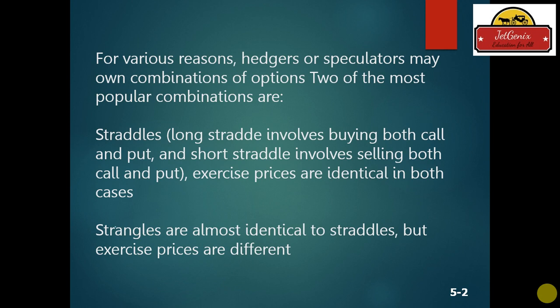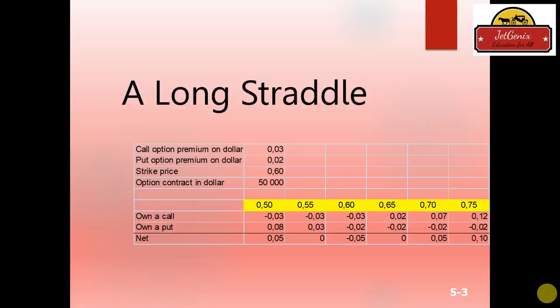Now, how can we use both of these strategies for option trading, and how can we benefit from these strategies? Let's understand it with an example. So here you can see a long straddle means when you want to buy the call option and put option at the same time on the same exercise price.